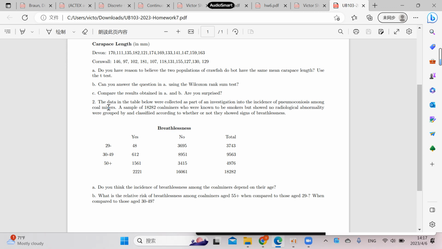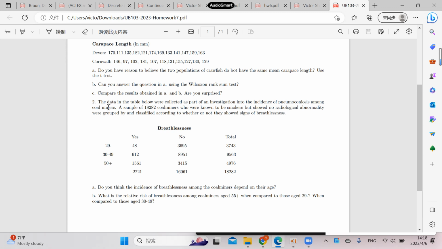If you simplify that expression a little bit, because you have the total number of people both in the denominator and in the numerator, you get that your expected number of yes and less than 29 years old should be 3,743 times 2,221 divided by 18,282. So basically, you want to calculate the expected number of the first entry of this matrix.